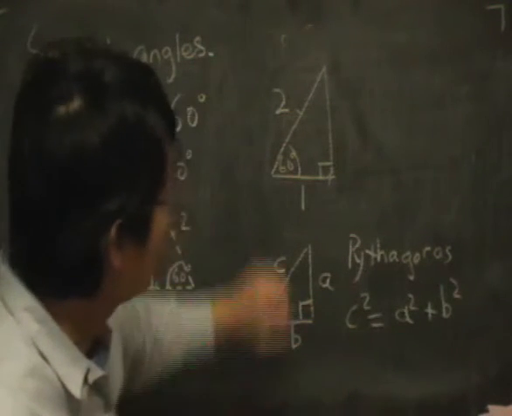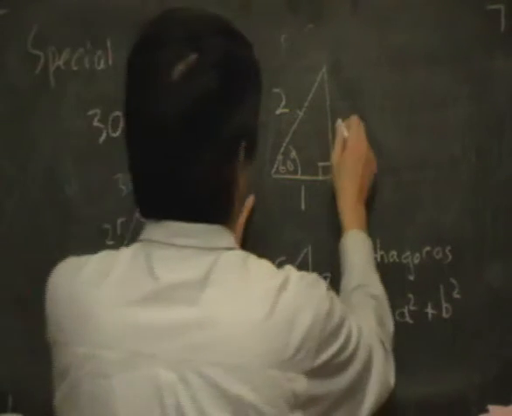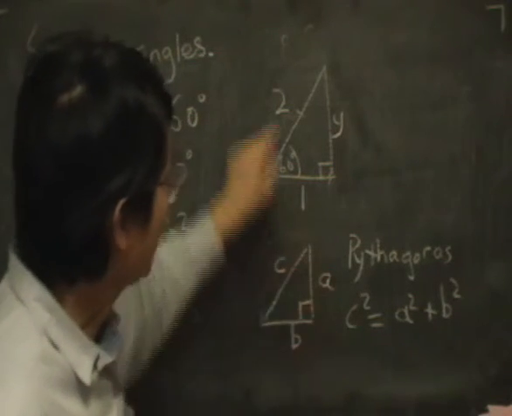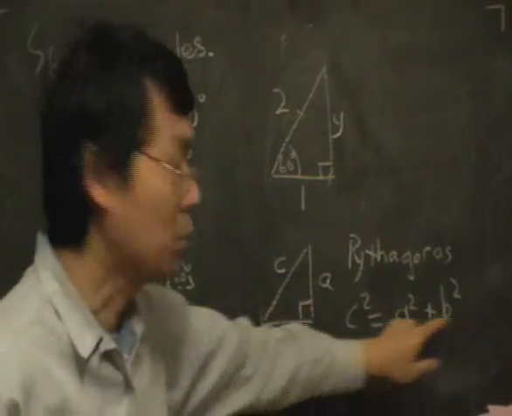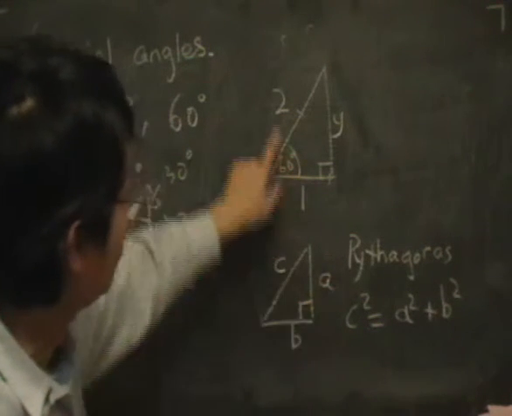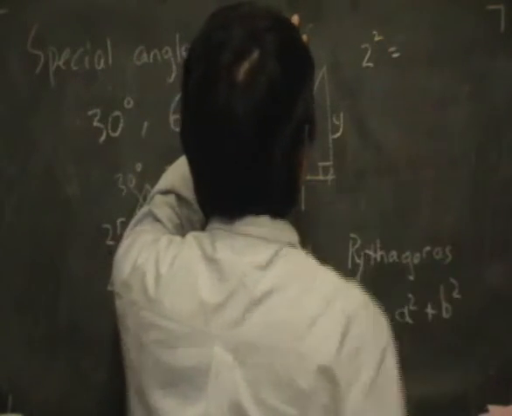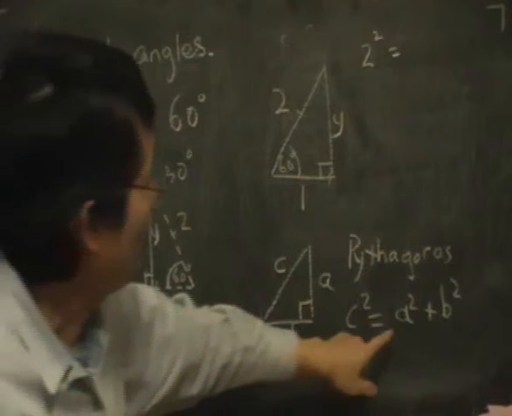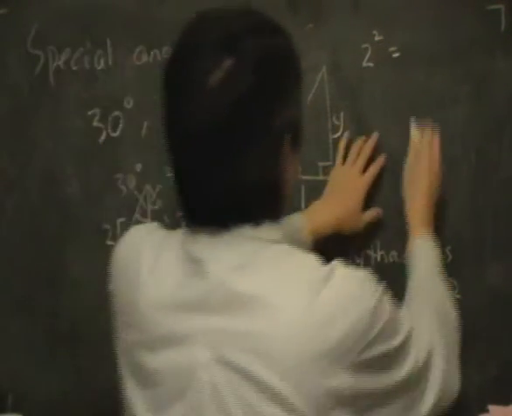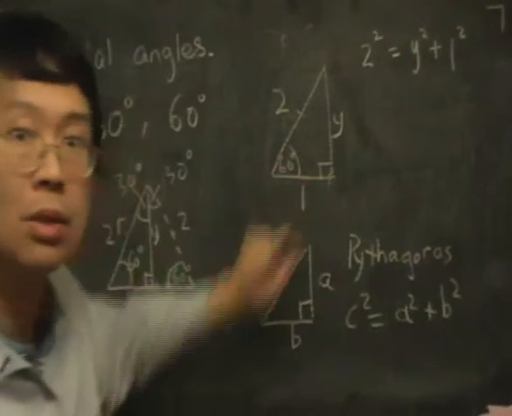And we can use this to find this other side. Now if I call that y, I can put these numbers into the formula. Let's see what we get. Now the longest side is that one, 2 is C, so I have 2 squared is equal to A squared, A is the y, so that's y squared, plus the 1 squared.